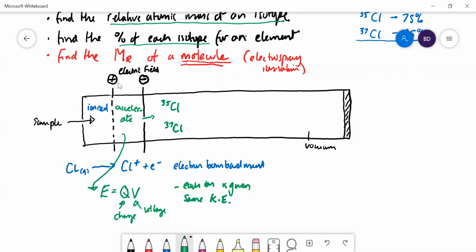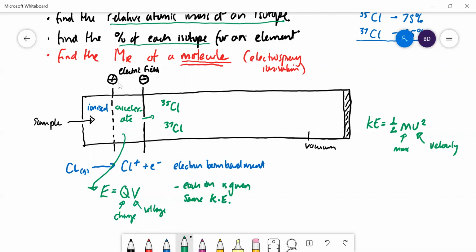Now, if you remember your equation for kinetic energy, you need to know this, it's a half mv squared, where m is the mass and v is the velocity. Now 35 and 37 have both been given the same kinetic energy, but 37 is heavier than 35, so that means the velocity of 37 is going to be slightly slower.